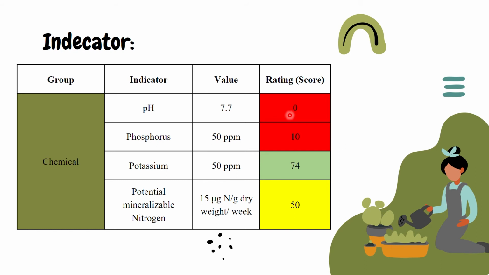The cucumber soil is acidic, so the color will be red, so it's a risk to have a pH of 7.7. As we see from all these indicators, the worst group is the chemical indicators because it has much more risk, with more red color.